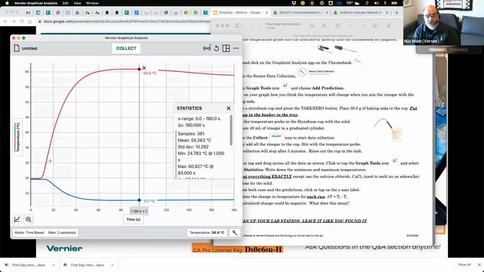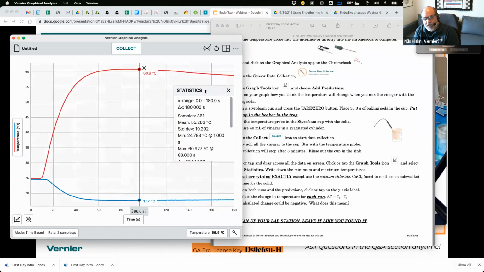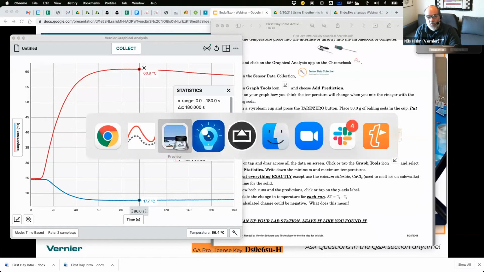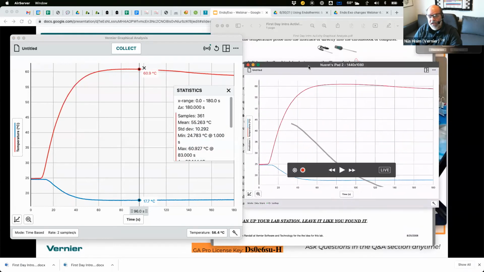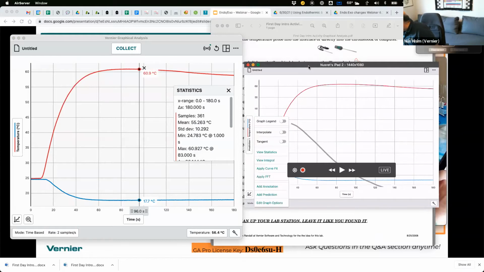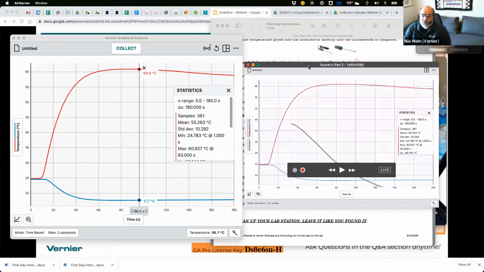Notice that all the stuff that I'm doing right here does not echo on your end, right? You've got to do it yourself. So if you want to do what I was just doing, here's my iPad, I have to go to my iPad and turn on statistics. By the way, if you do statistics without selecting a region, then it does everything.